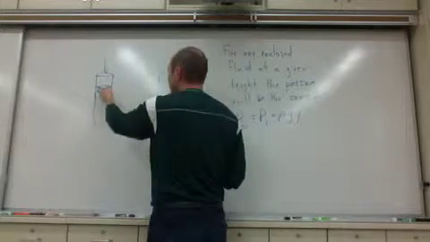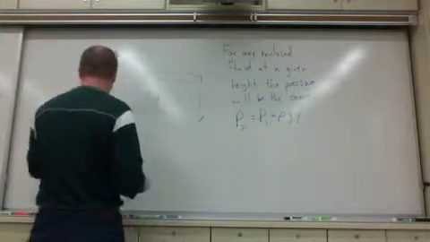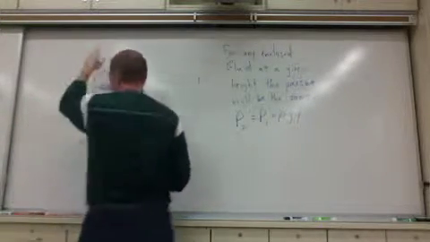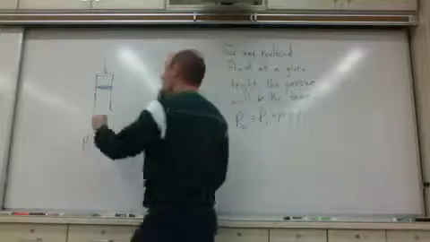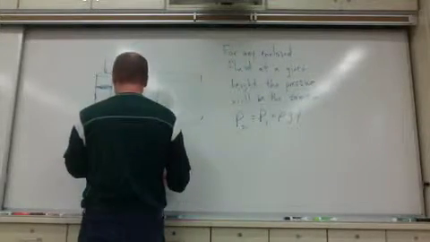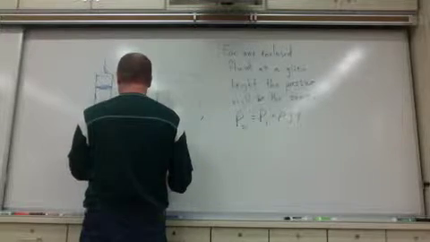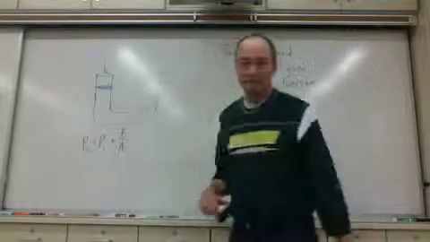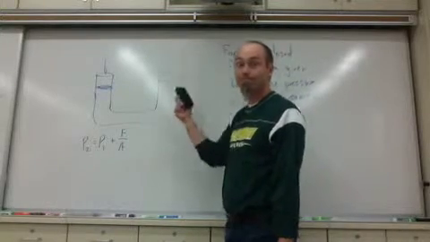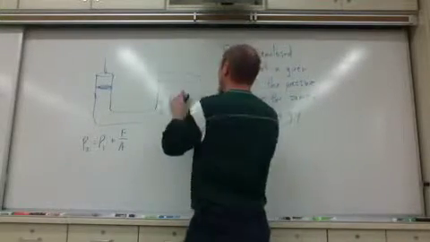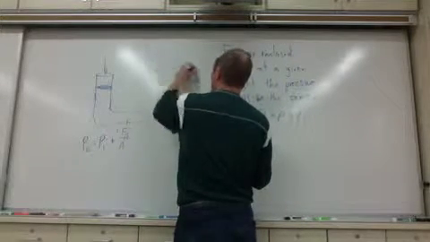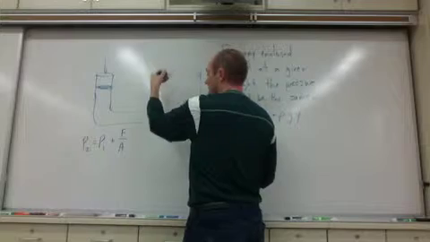And the pressure on this side would be, and hopefully this makes sense, P2 equals P1, so atmospheric pressure, plus the pressure that I'm adding. The pressure that I'm adding would be the force that I'm exerting divided by the area. Well, this side is going to go up.